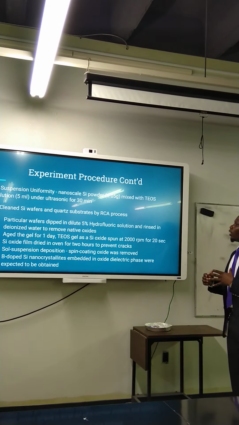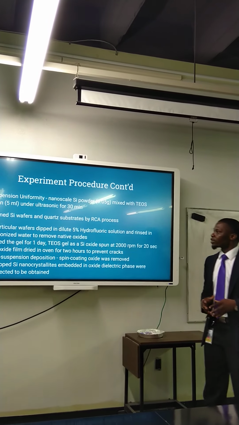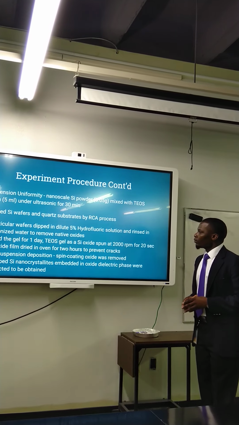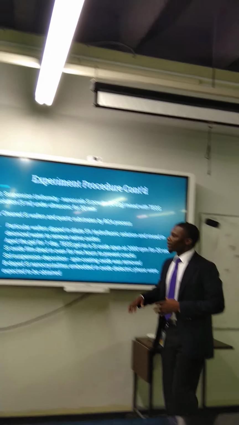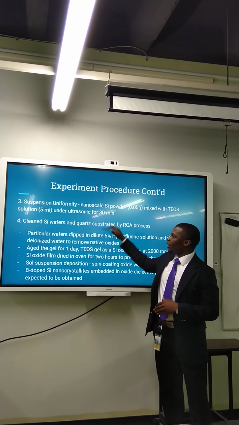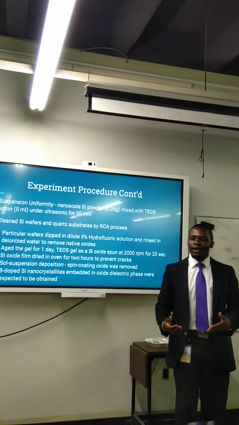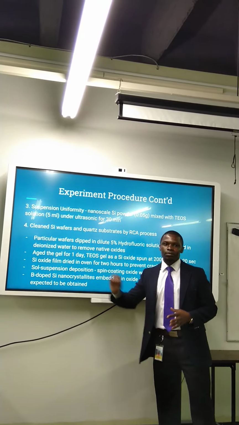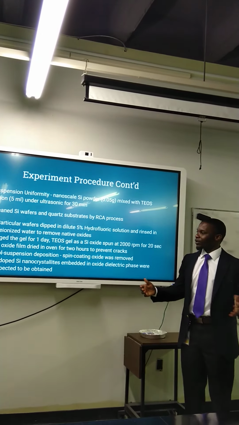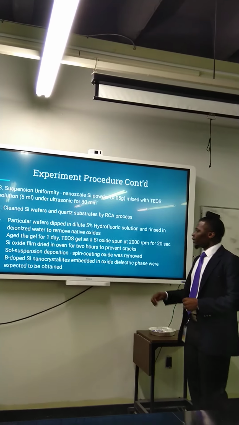And then we cleaned the wafer and substrates by the RCA process, and later on we etched. It so happened that when we made this, spring break came by, which was unexpected. Instead of etching the solution for 1 day, we ended up etching it for 14 days, which was unexpected, but we managed to do that.